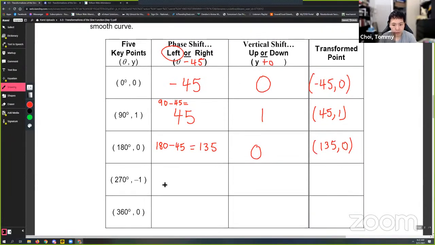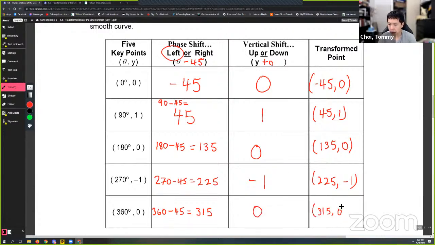Continuing onwards, 270 minus 45 gives us 225, and that's -1, so 225 comma -1. The last one, 360 minus 45 is equal to 315, and that's 0.